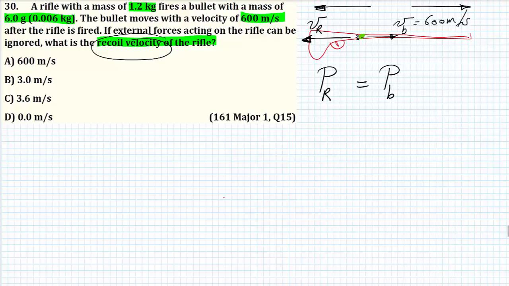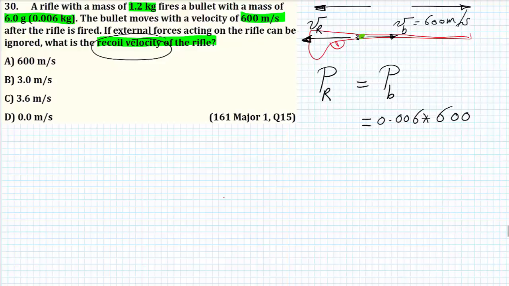So what is the momentum of the bullet after firing? After firing, it's the mass of the bullet, which is 0.006 kilogram. Take care that we cannot use it in grams. Times its velocity, which is 600 meters per second.